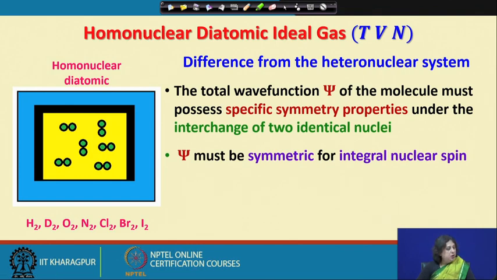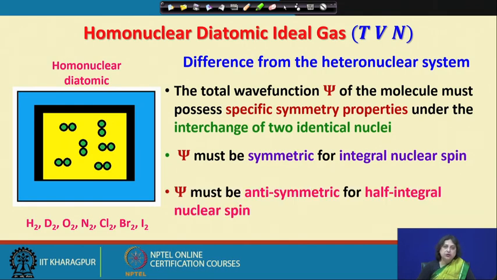We would like to have the overall total wave function psi symmetric with respect to interchange of two identical nuclei for integral nuclear spin. But if the nuclear spin is half integral, in that case psi must be antisymmetric with respect to interchange of the two nuclei.